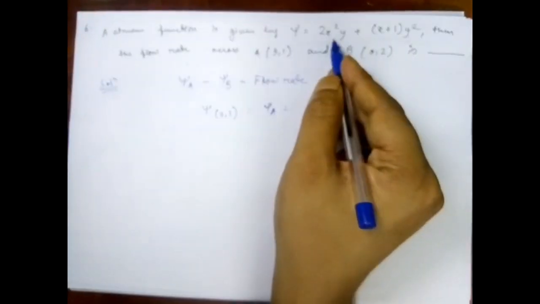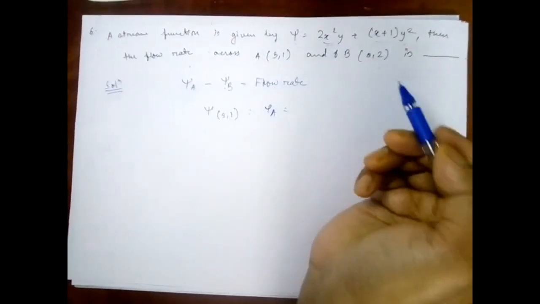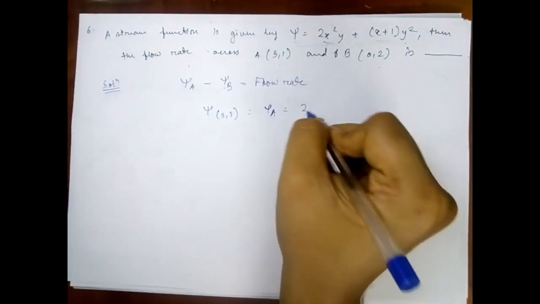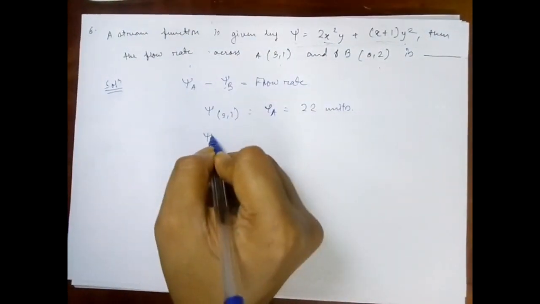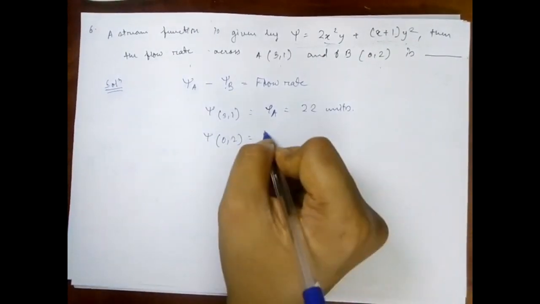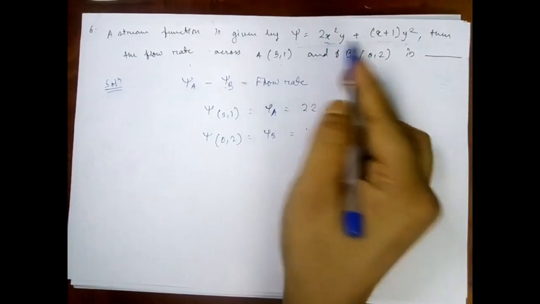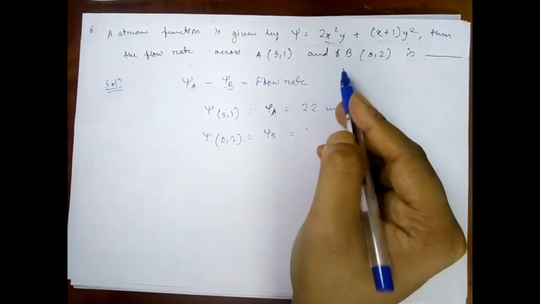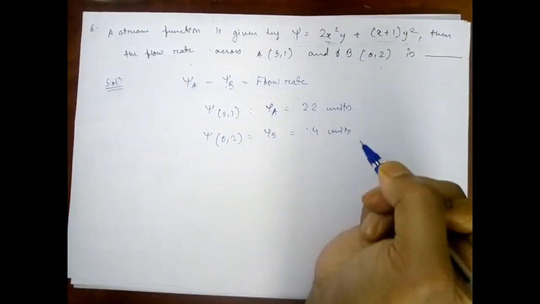At 3, 1, putting 3 and 1 in place of x and y, we will get 22 units, and psi at 0, 2, which is psi B, putting 0 and 2 in place of x and y, we will get 4 units.